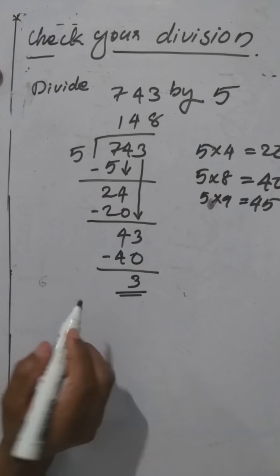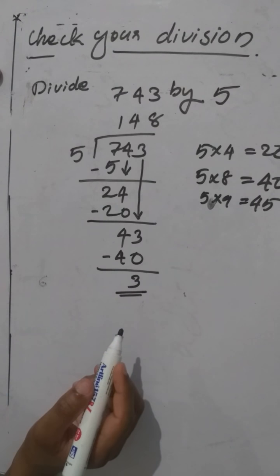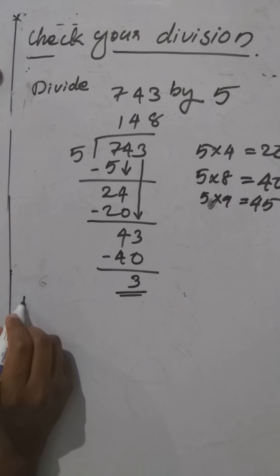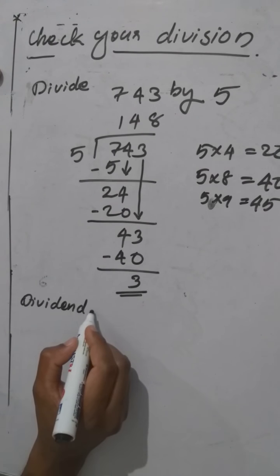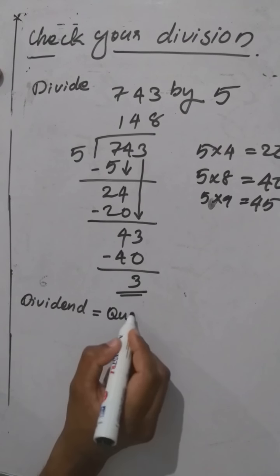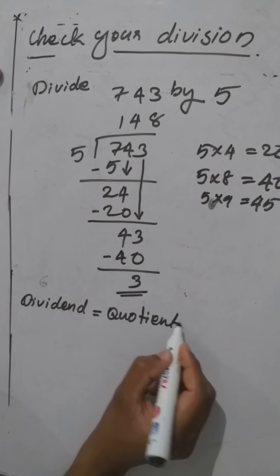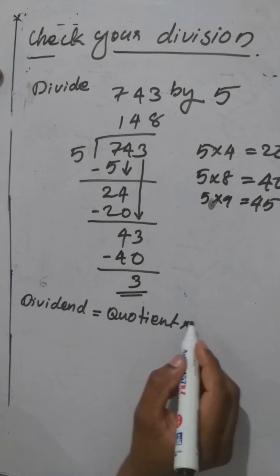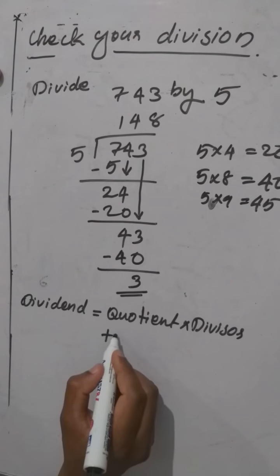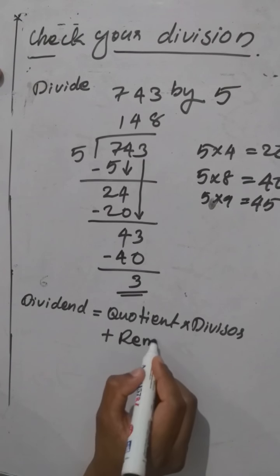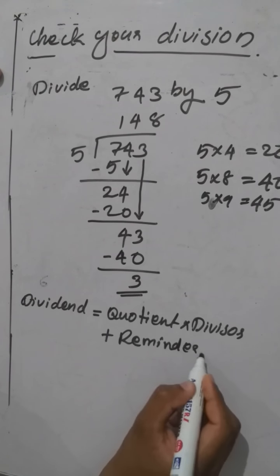Now let's check whether our division process is correct or not. What is the formula? Dividend is equal to quotient multiplied by divisor plus remainder.